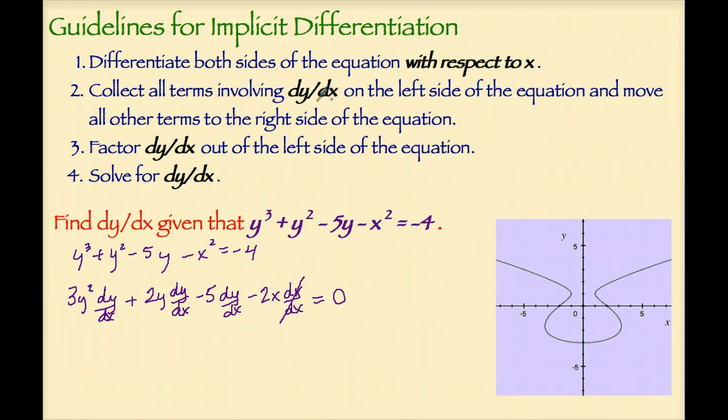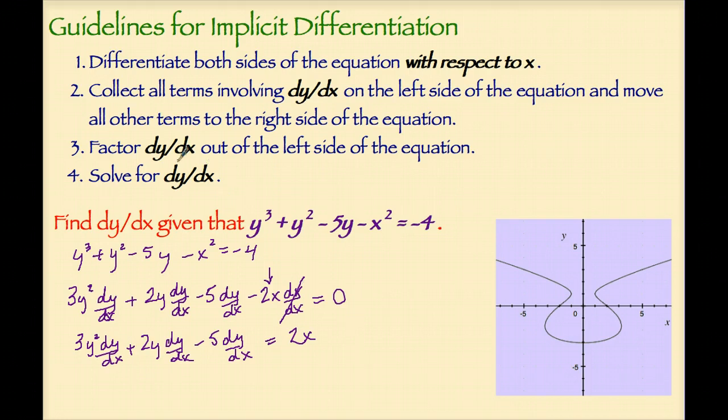Now, let's look at step 2. Collect all terms involving dy dx on the left side of the equation and move all other terms to the right side. Well, we only have one term that's not dy dx, so we're going to leave 3y squared dy dx on the left, our 2y dy dx on the left, our negative 5 dy dx on the left, and let's move 2x to the other side of the equation. 2x is the only term on the right side.